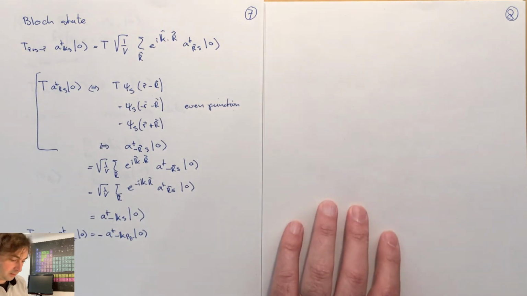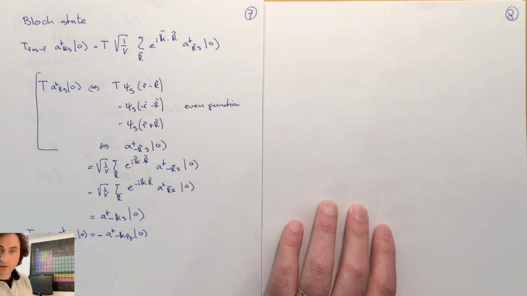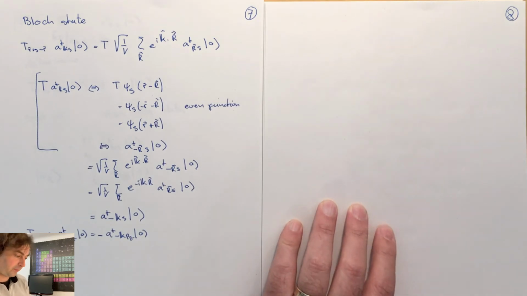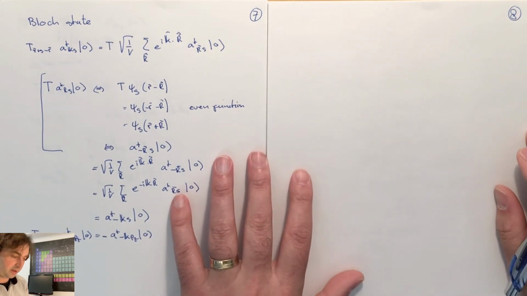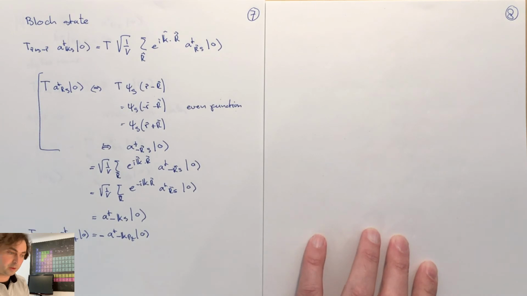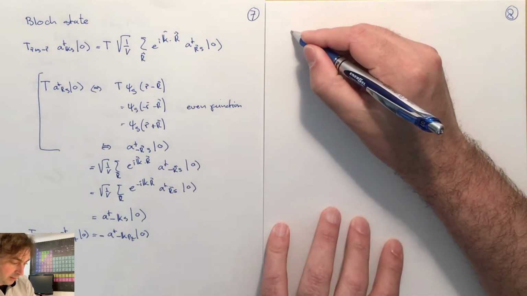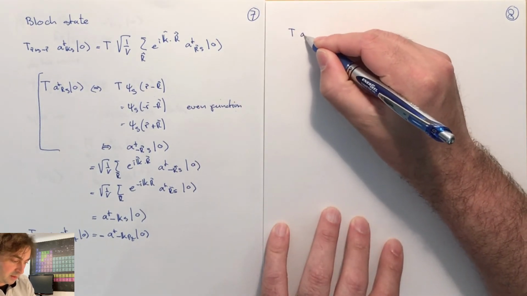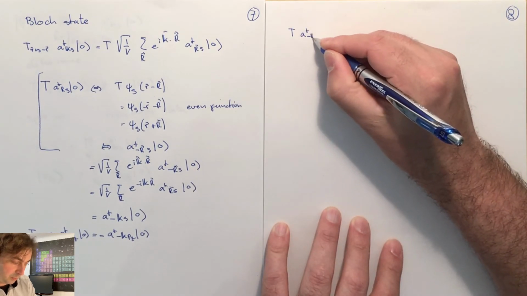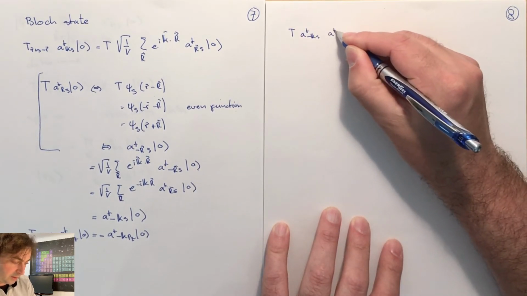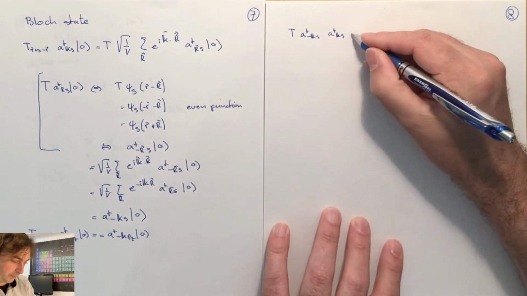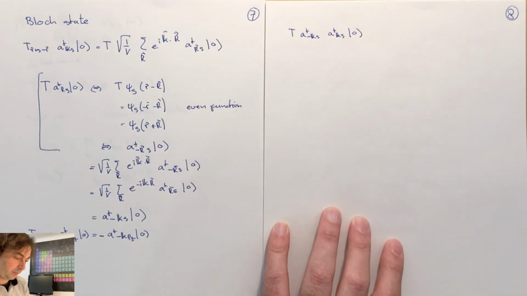Good, let's make a single degenerate state out of it that under inversion symmetry goes back to itself. And for that we can look at the state where we create a particle at minus k and we create a particle at k out of the vacuum.